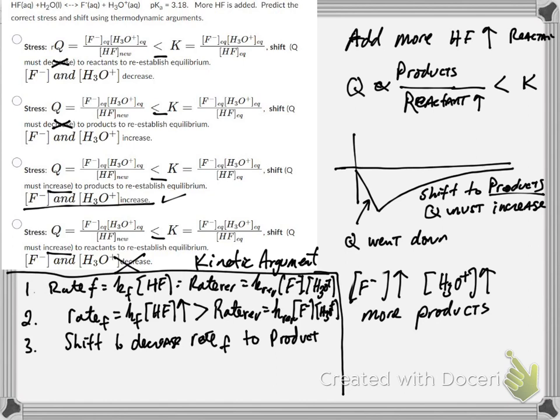That means F minus has to go up, H3O plus has to go up, and pH has to go down. And step four, now the rates are back the same. So I know the initial problem was the thermodynamic argument, but you also want to make sure that you're prepared to do the kinetic argument.